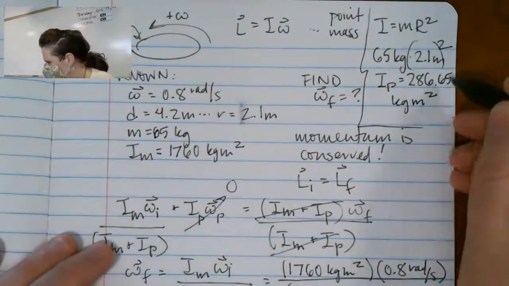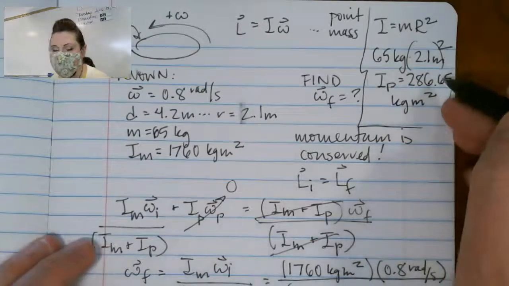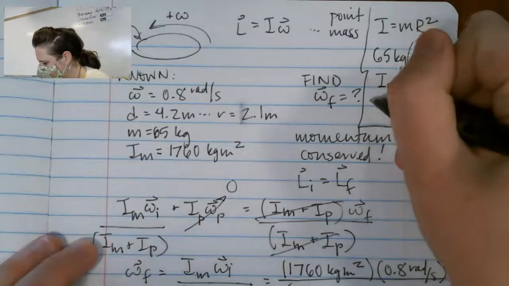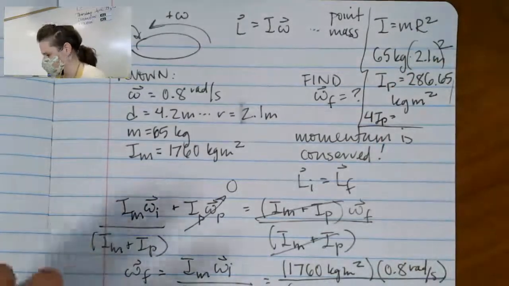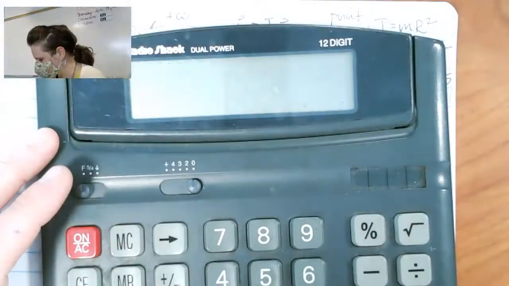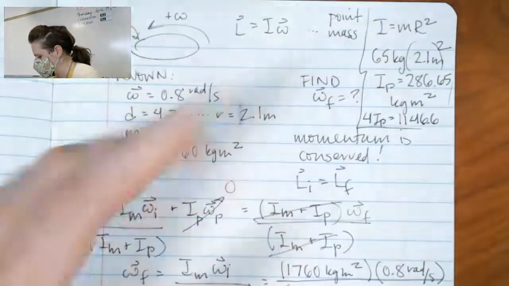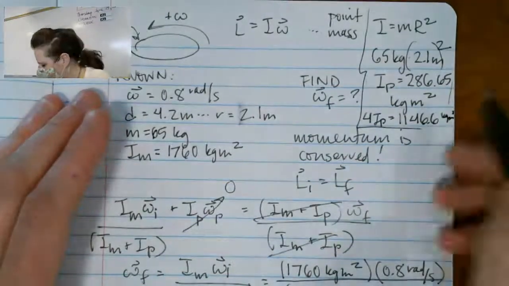So this number right here, there are 4 of those people, so I'm going to need to multiply that number times 4. 1,146.6 kilogram meters squared. So there's my number.